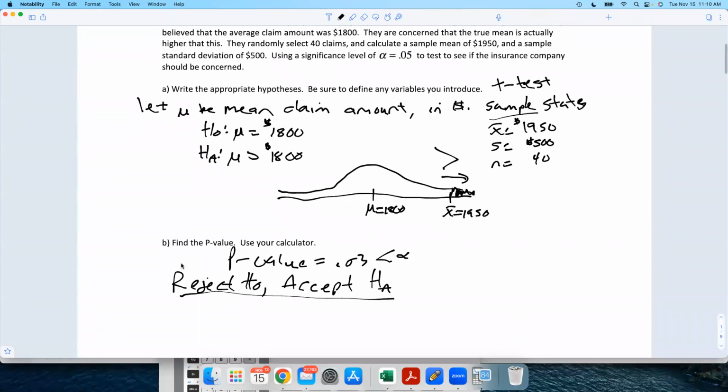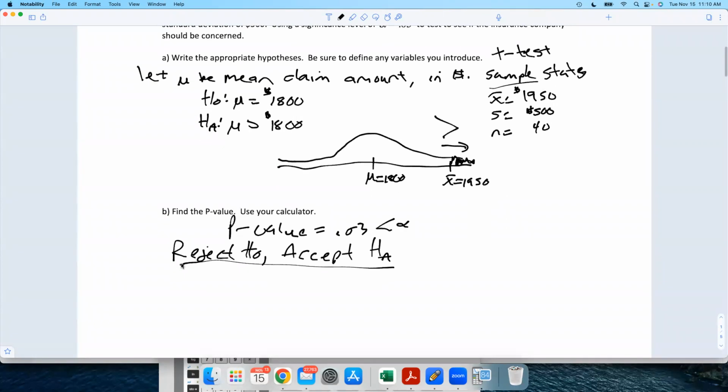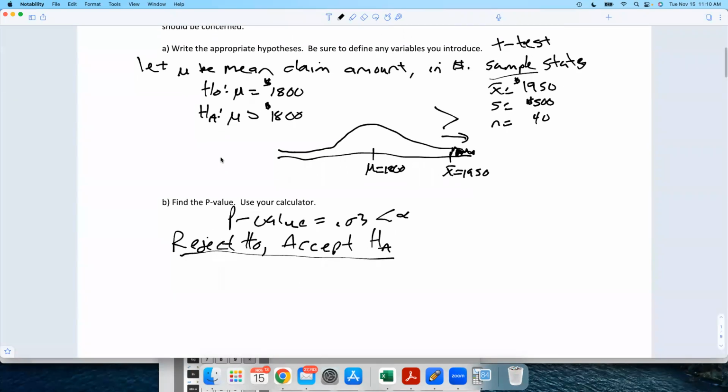Like, this is your conclusion, right? We have to write this statement, reject the null and accept the alternative. Then the most important, what's that mean to accept the alternative? We got to write this out in words. So now we would say we have strong evidence. This is a required step. That, well, what's mu stand for?